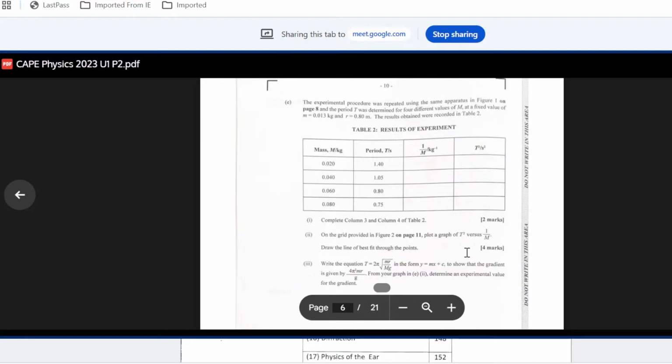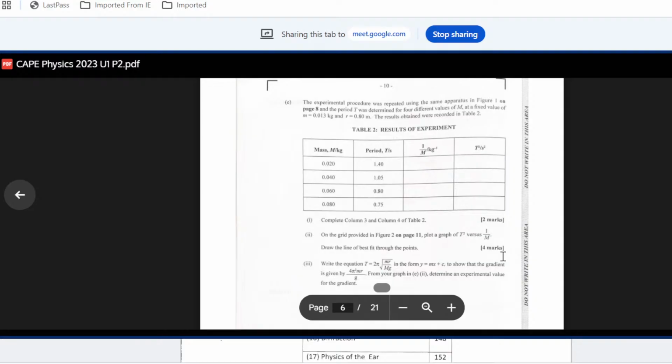What are you supposed to plot? We're supposed to plot T squared against 1 over m. So T squared versus 1 over m. It shows you what they did to that equation.